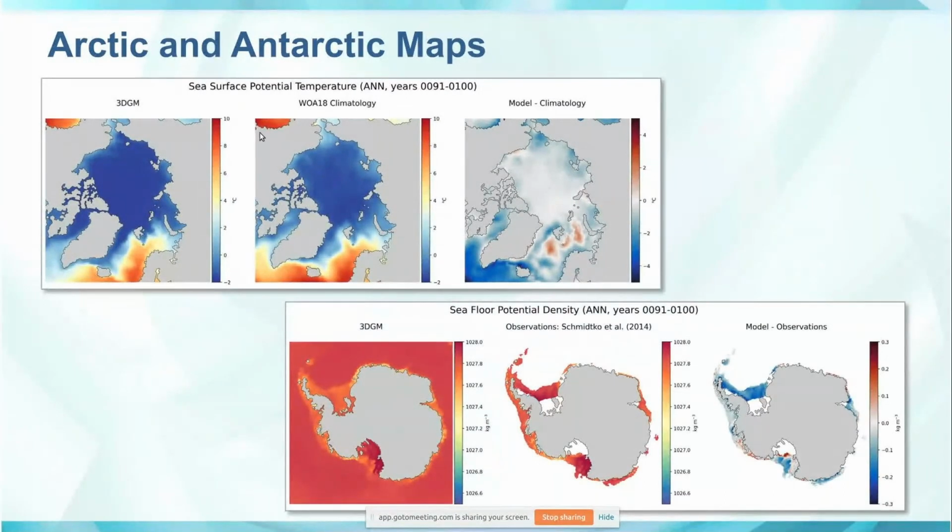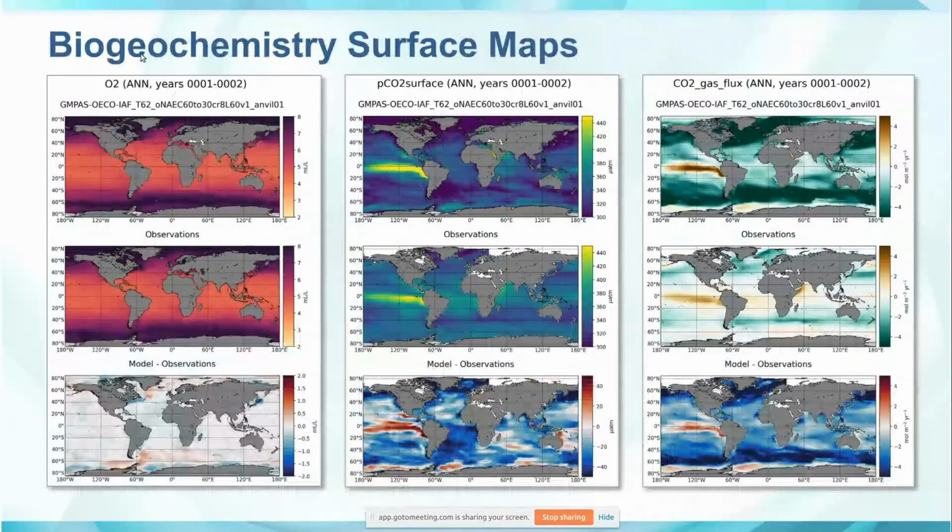I mentioned that we do Arctic and Antarctic maps, and that's for a number of different fields, so just reiterating that, that we kind of explore those regions in particular in the cryosphere configuration. And then we also have support for a number of biogeochemical tracers.